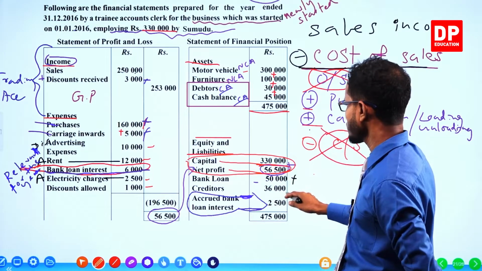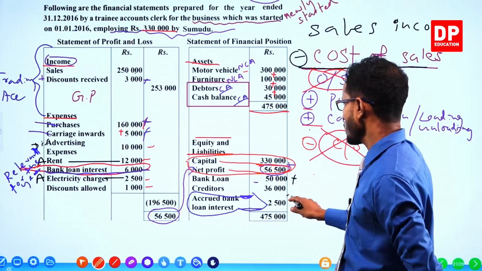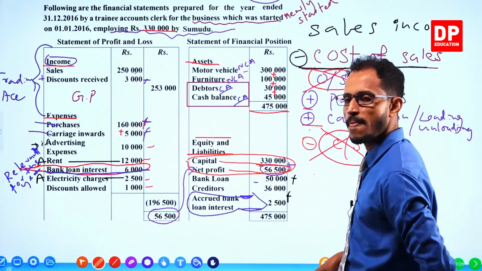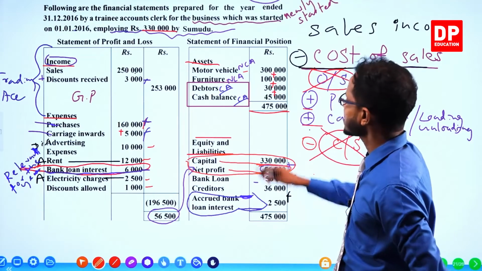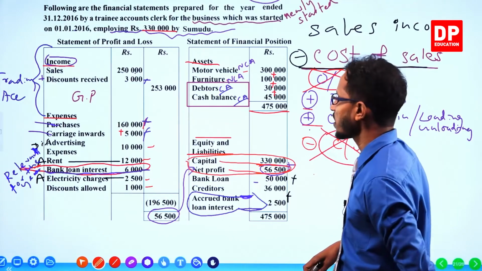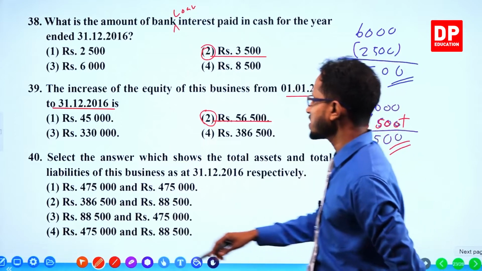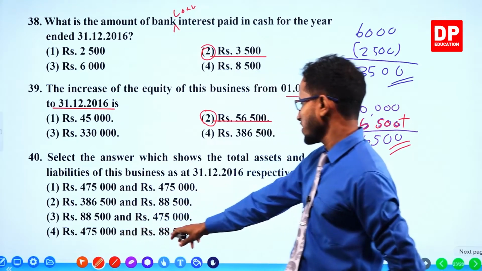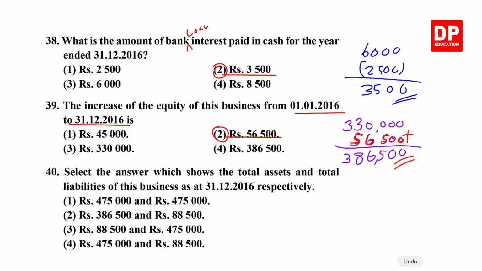Bank loan plus creditors, 50,000 plus 36,000, 86,000, plus accrued loan interest, 86,000 plus 2,500, 88,500. We have assets 475 and liabilities 88,500. It's there. Fourth answer.